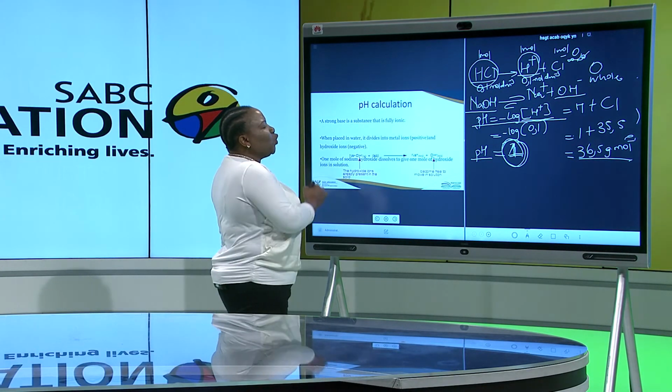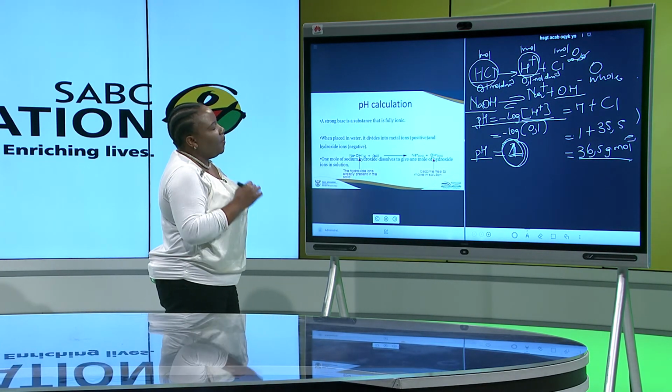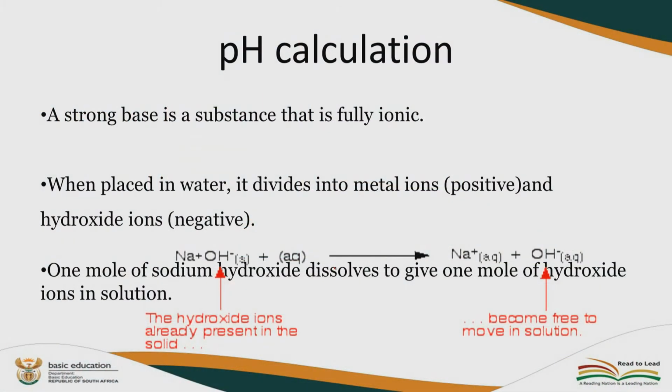Therefore, for you to calculate the pH of the base, we know that a base is fully ionic and it can dissolve nicely into its positive and negative ions. Therefore, we need to first find the number of hydrogen ions in that specific base for us to be able to calculate the pH of the base. Now, let's look at this example.